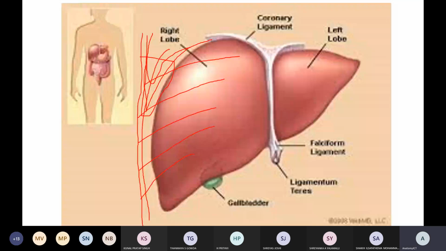So that is along with the ventral mesentery. Now this is how we call the subphrenic area, whereas the hepatorenal recess is a part of the peritoneal cavity.